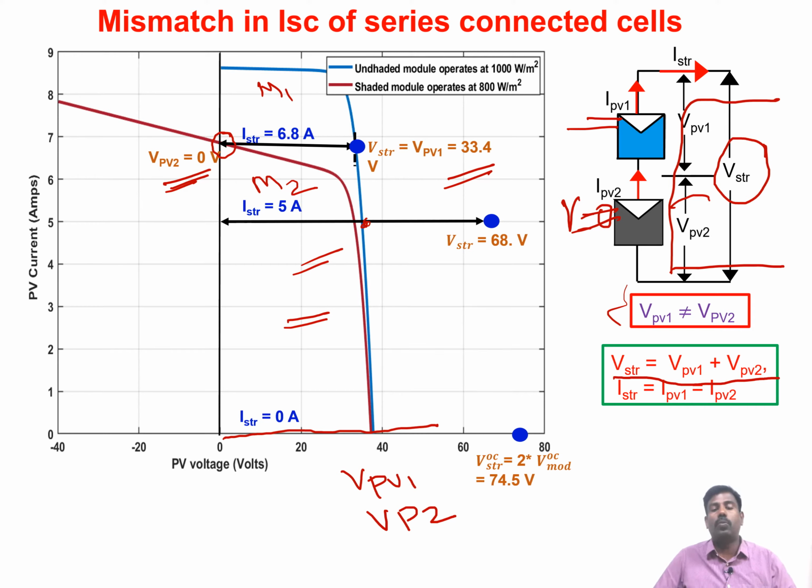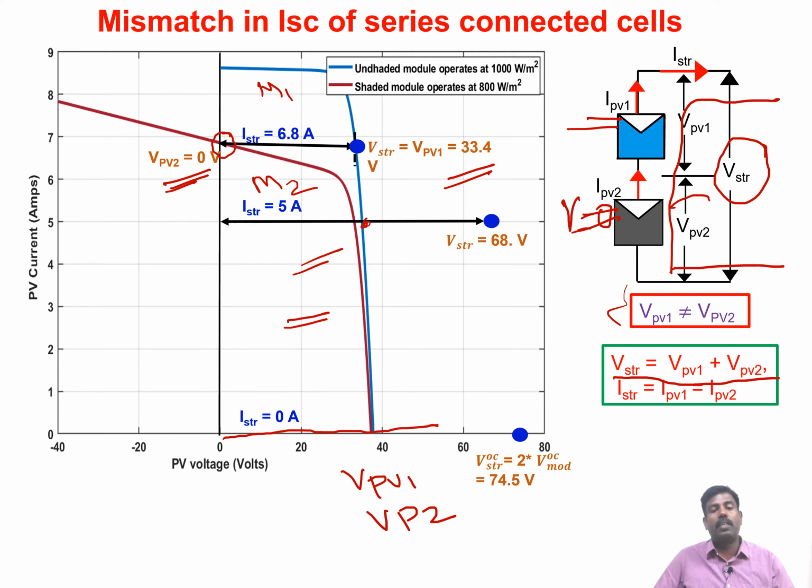Now there is another case. What will happen? This is a very important thing which you want to understand. What will happen if I try to increase the current beyond the short circuit current of the shaded modules? Okay, so to know that, we want to extend the IV curve along the x-axis.